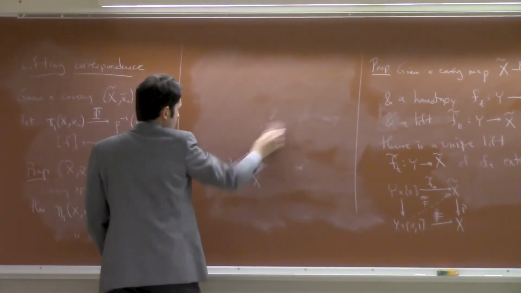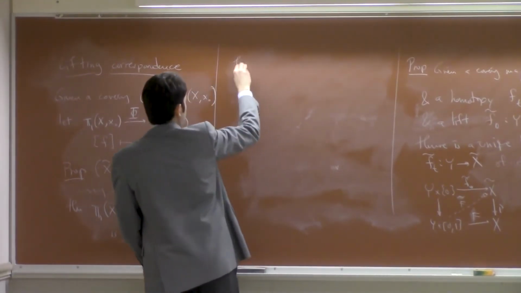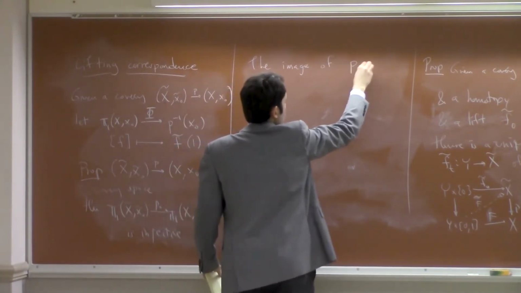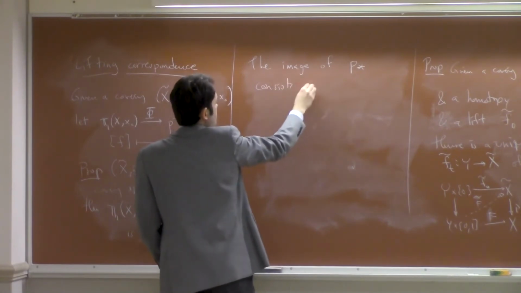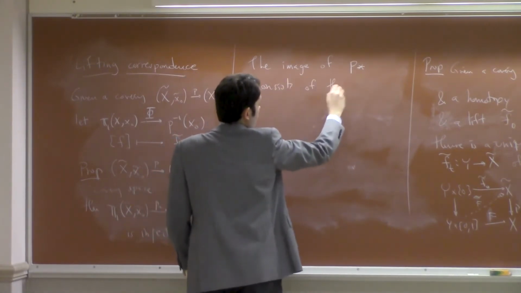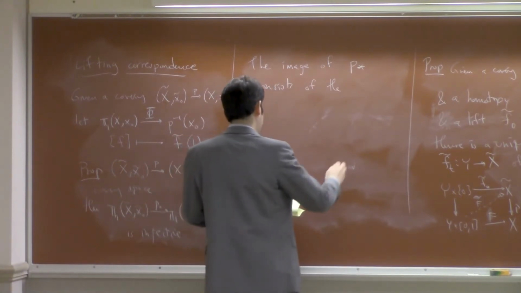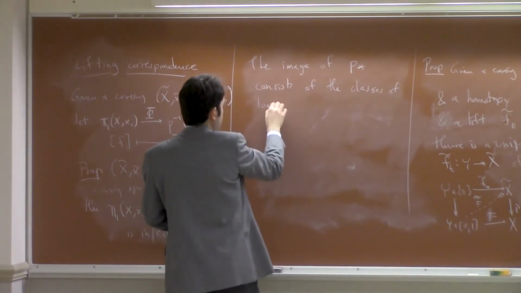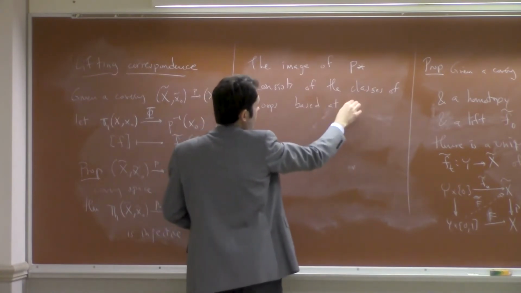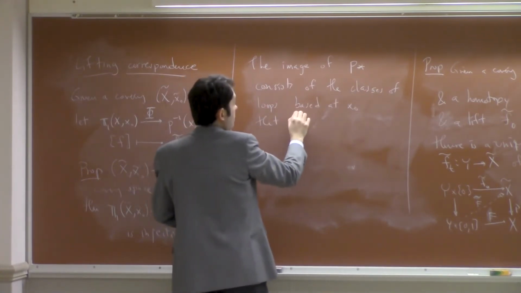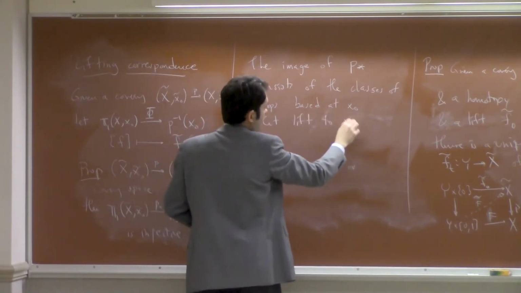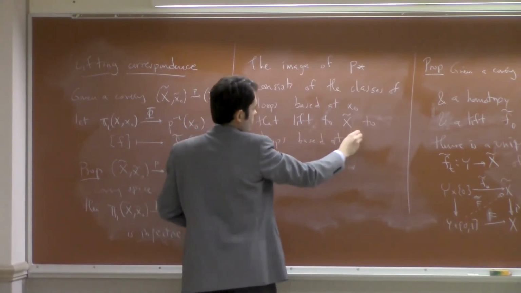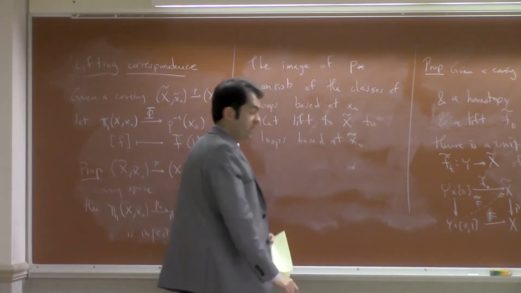And let's describe the image. So the image consists of the homotopy classes of loops based at x0 that lift to x tilde to loops based at x0 tilde.